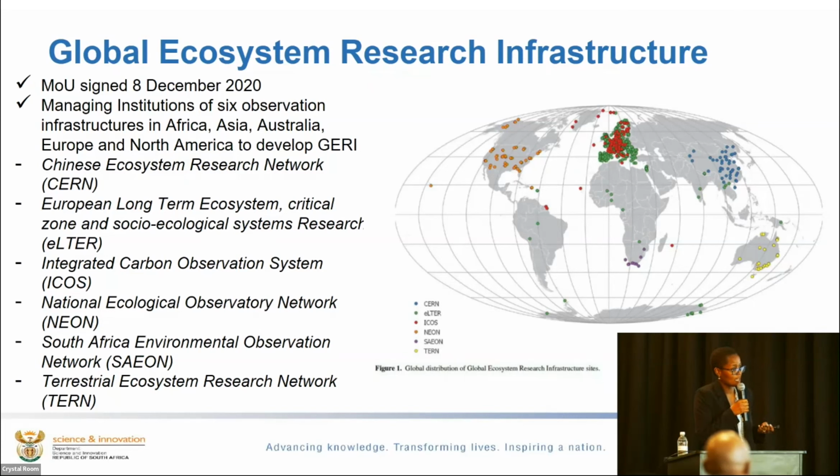We, for example, now have a project funded by the European Commission, where we are collaborating with scientists based in Europe, as well as a number of other African countries, where we are thinking of expanding the observation network across the continent. I showed you earlier that our observation network is based across the African continent.